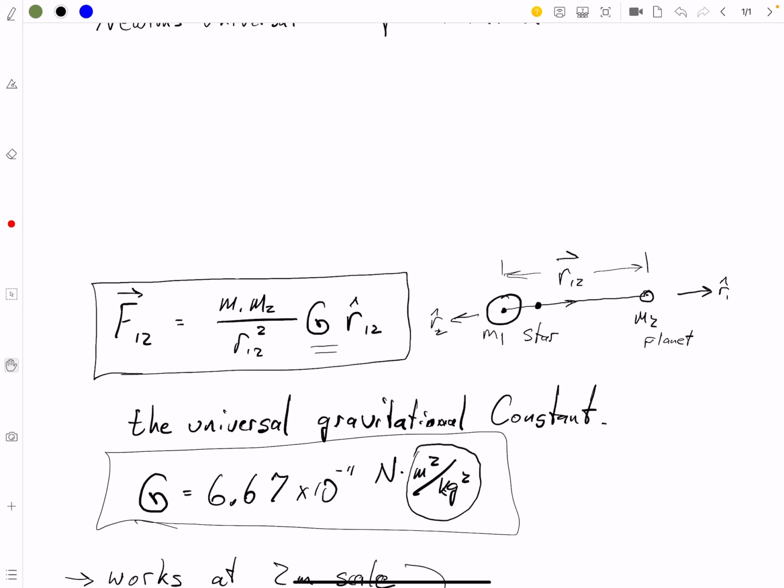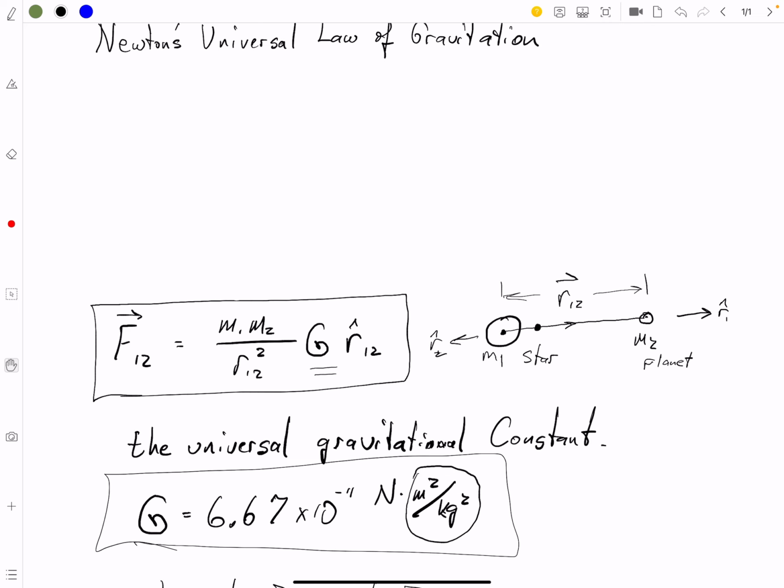So let's talk about the universal gravitational constant. We've got it right here. G equals 6.67 times 10 to the minus 11, and that's newtons times a meter squared per kilogram squared. So when we look at this, these are the kilogram squareds, and they have to divide out because we only want newtons in the end, right?